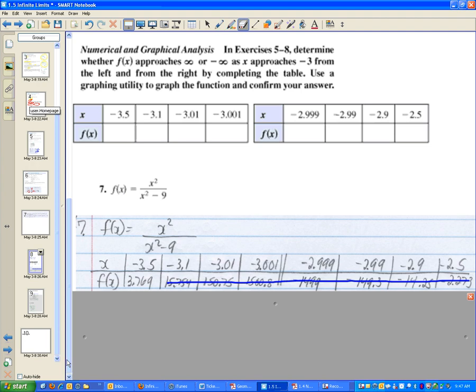And then see what you get for negative 3.1. And negative 3.01. And negative 3.001.